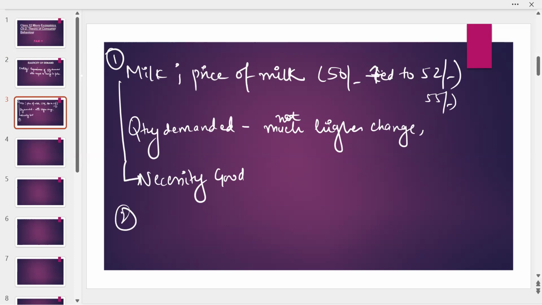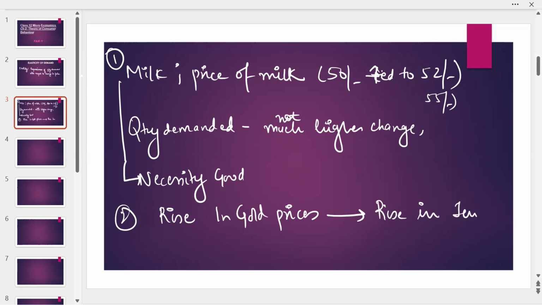However, on the other hand, we see the recent rise in gold prices lead to the rise in jewelry prices as well. And do you see that there is a large decline in the demand of gold jewelry?